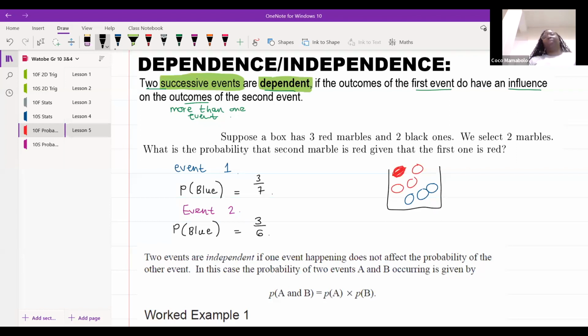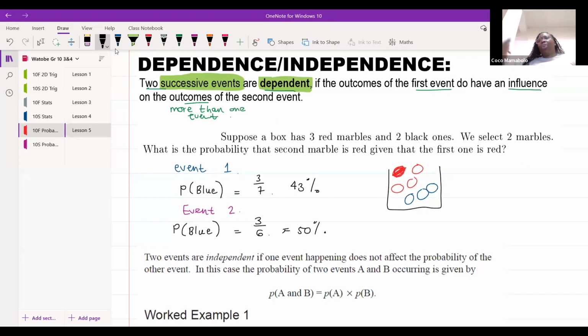Now, if we take our calculator and we turn these probabilities into percentages, 3 divided by 7, this percentage of pulling out a blue sweet is 43%. The second I pull out a red sweet, my next probability then becomes 50%.